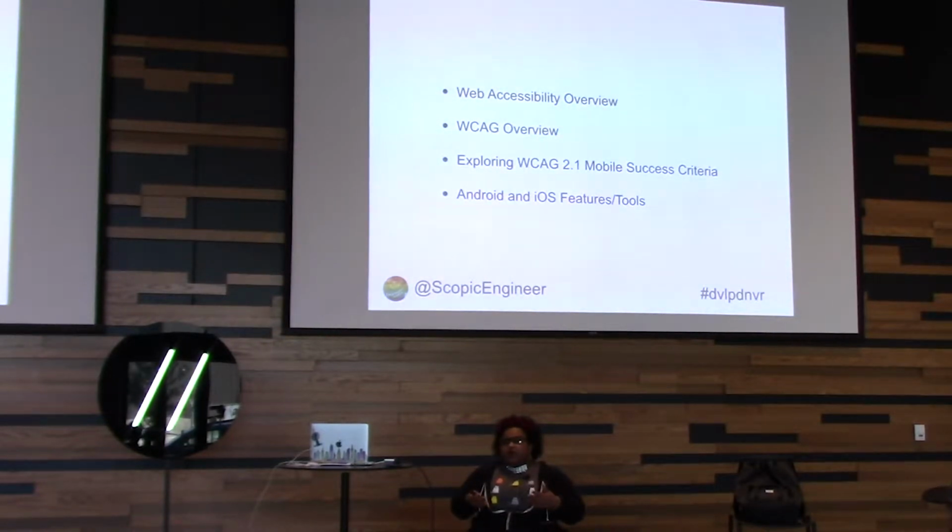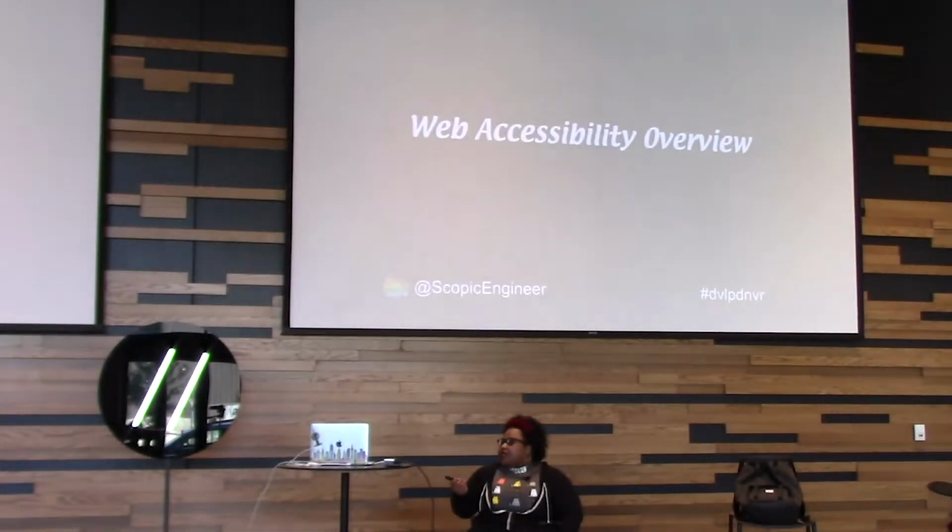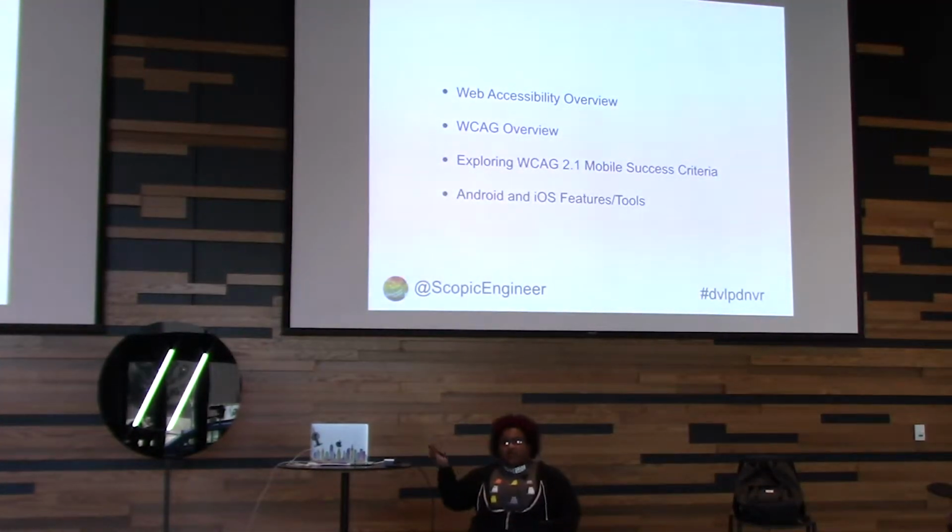Then I'll go into more specifically how those guidelines deal with mobile accessibility. There's kind of new since last year an actual focus on mobile applications. And I'll also talk about some Android and iOS features and tools.